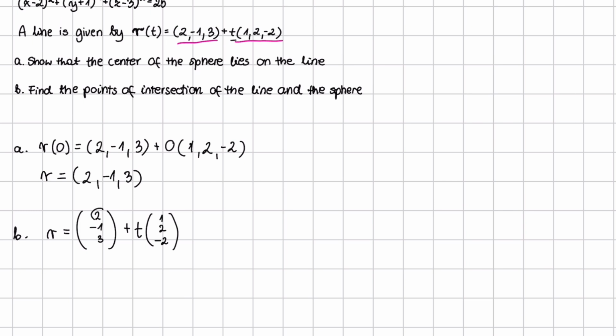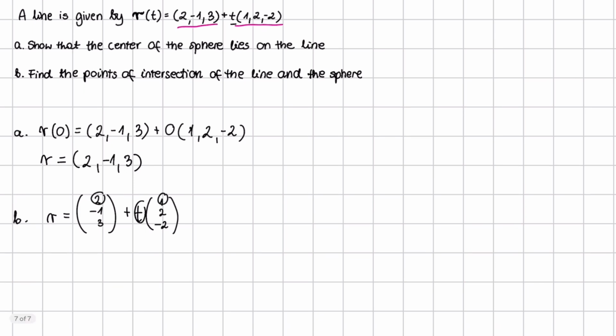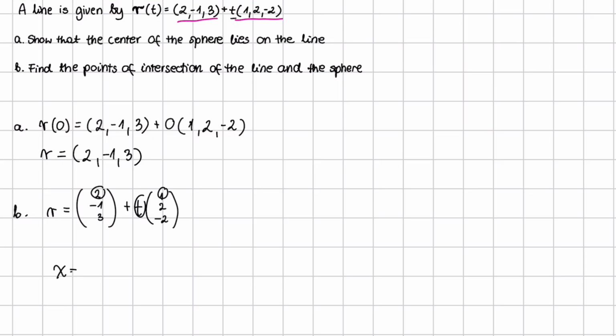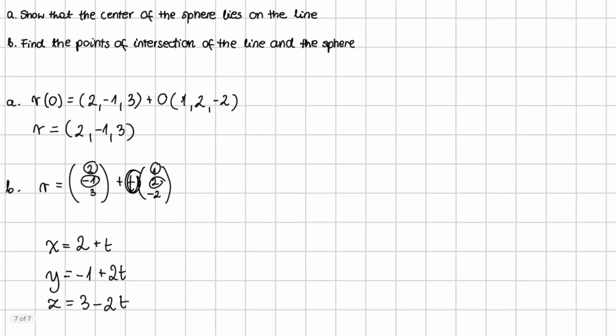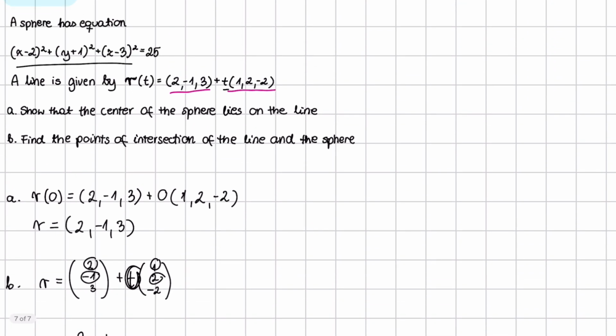So this is our first coordinate, so x, 2 plus t. This is our y coordinate, so minus 1 plus 2 times t, and the z is the last one, so 3 minus 2t. And now we have to plug it into the sphere, so into this equation.